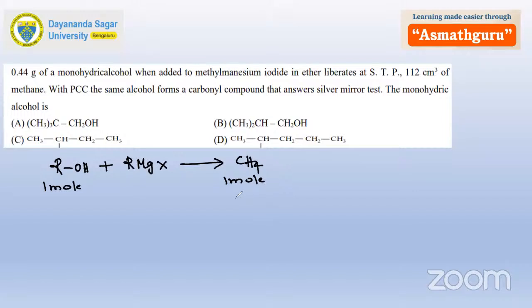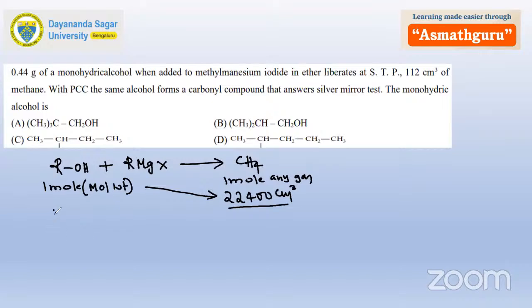And 1 mole of methane, you know that always occupies how much space? 22,400 cm3 of space. Any gas you take, 1 mole of any gas. 1 mole means its molecular weight. So 1 molecular weight will give you this much. But he says, if I take 0.44 gram, how much do I get?